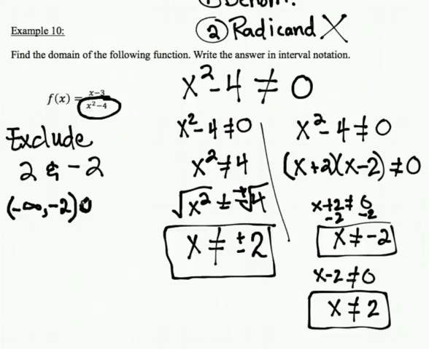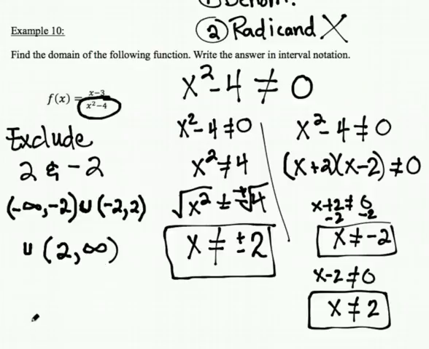Union. Okay, so everything from negative infinity to negative 2. Wherever I left off, I pick back up. So I'm going to go from negative 2 to my next exclusion, which is 2. And then union, wherever I left off, I pick back up, which was 2, and I keep going to infinity.